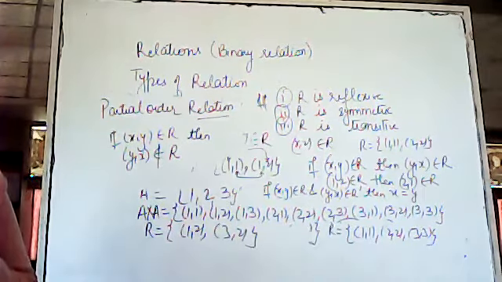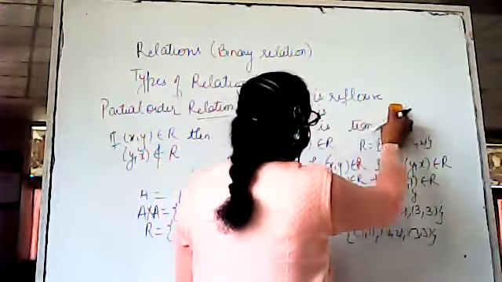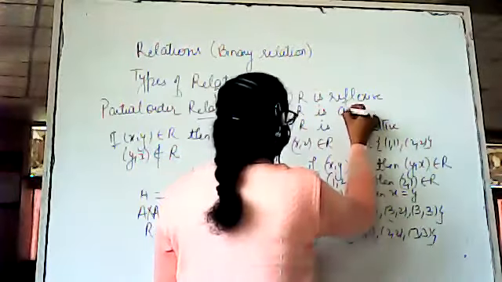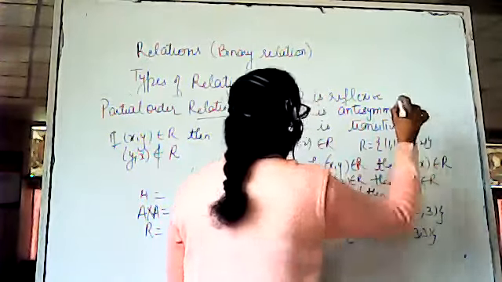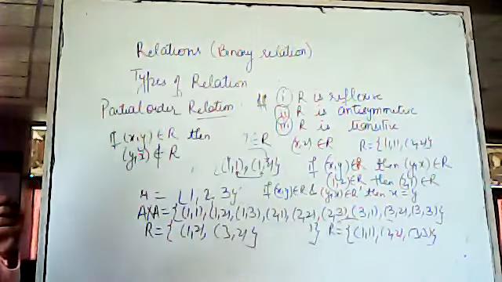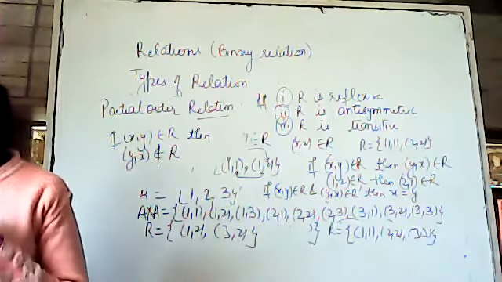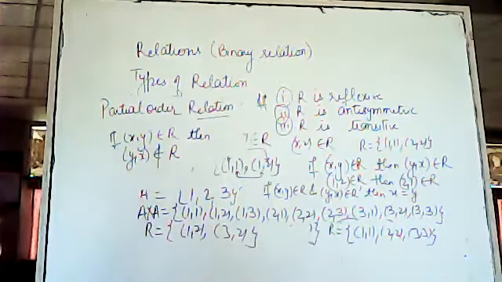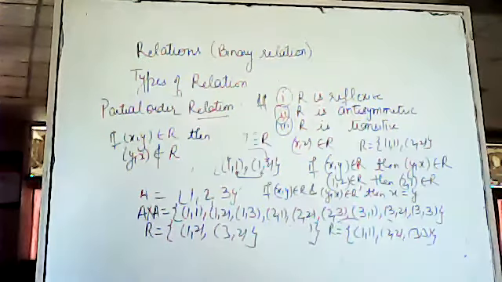A relation R on set A is said to be partial order relation if it satisfies the following. Number 1, R is reflexive. R is anti-symmetric. And R is transitive.